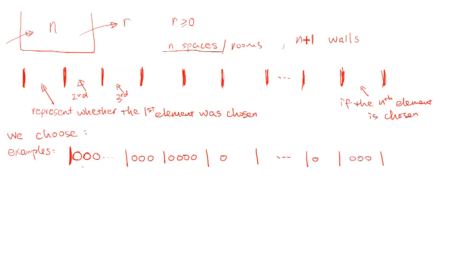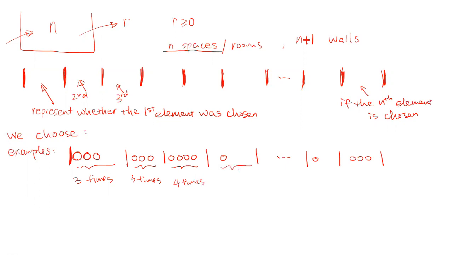Okay, if you have this pattern, that means the first element got picked 3 times. The second element got picked 3 times. The third element got picked 4 times.